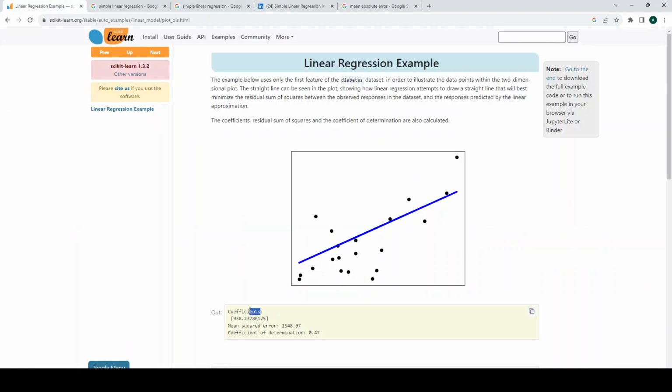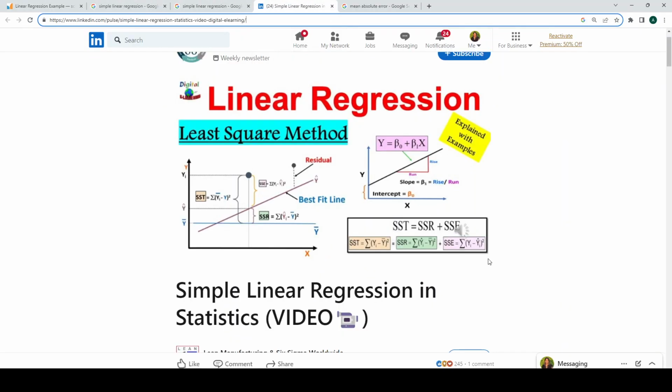So, we looked at the coefficients, we looked at the mean of the squared error. Now, let us look at the coefficient of determination. Coefficient of determination is also called the R square. It is a very important concept to understand. And let me pick one of the interesting articles that I found, which is posted in LinkedIn, and I highly encourage everyone to read it.